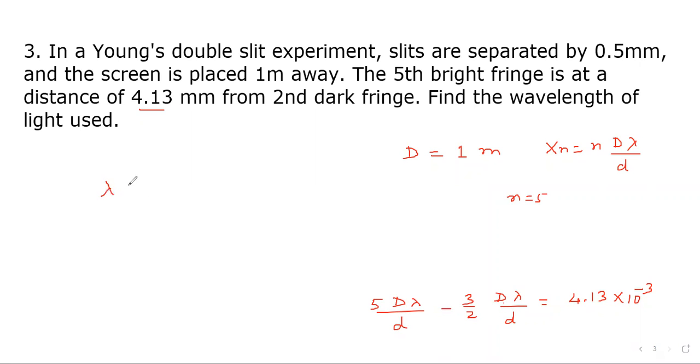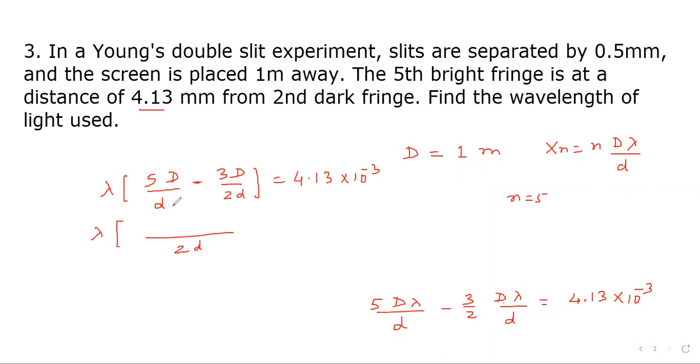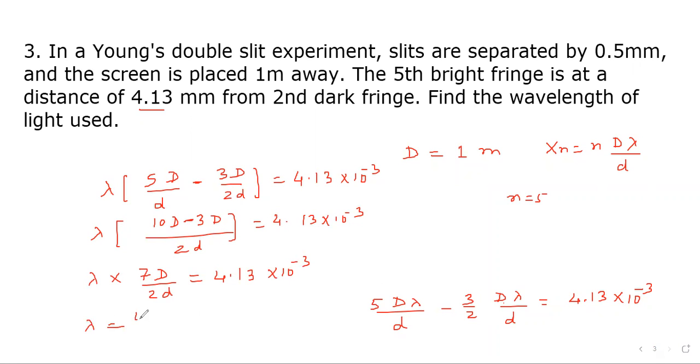If we take lambda common, then it will be lambda times 5D divided by small d minus 3D divided by 2d equals 4.13 into 10 to the power minus 3, or from here lambda times, this is 2d, so this will become 10D minus 3D, that is 7D, divided by 2d equal to 4.13 into 10 to the power minus 3, or lambda equal to 4.13 into 10 to the power minus 3 into 2 into d, the separation of slits, which is 0.5 millimeter.